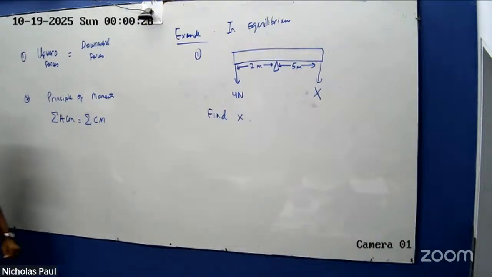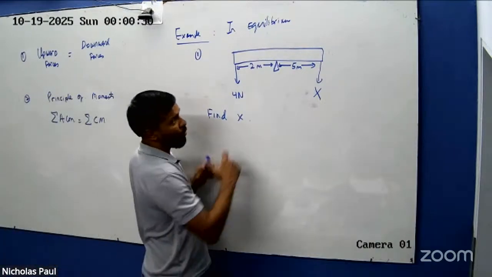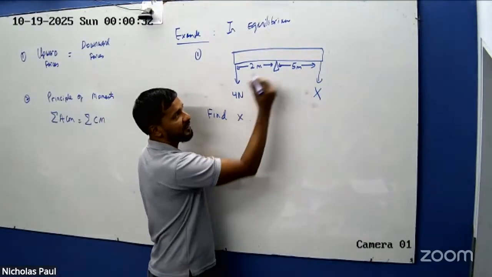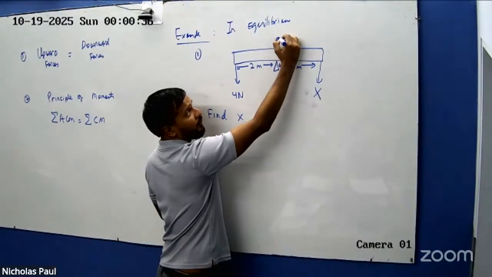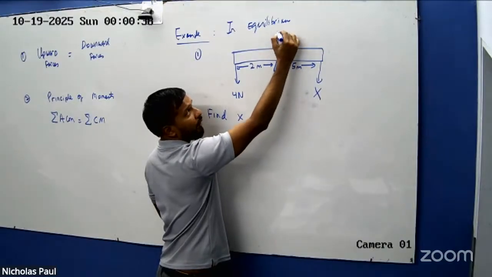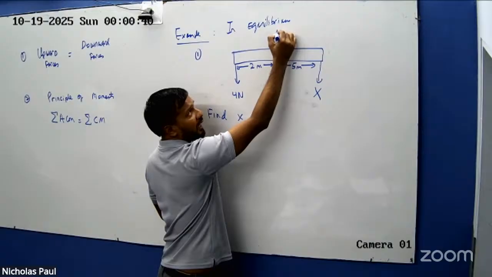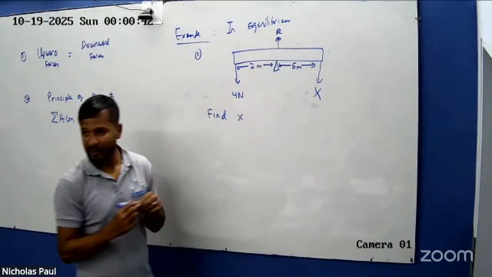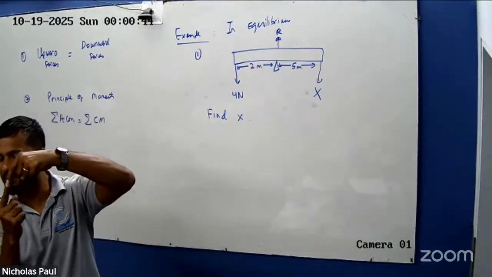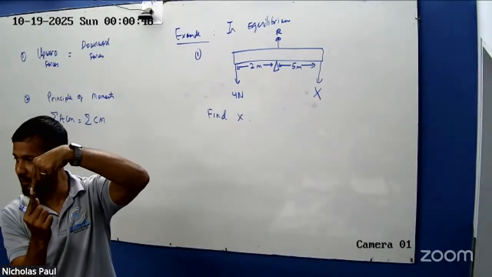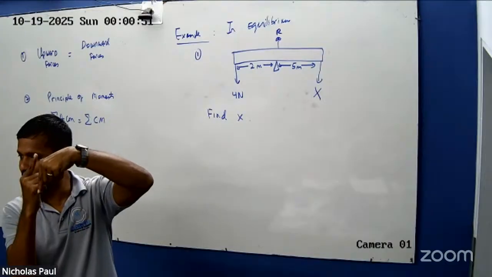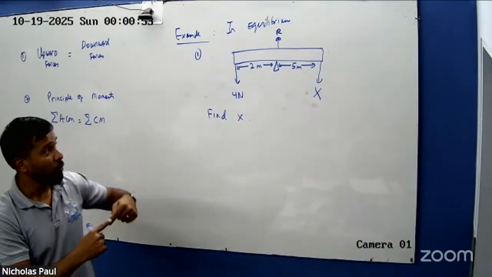One of the things that you would recognize here is that this pivot is applying an upward force here. That's Newton's third law. So I'll just call it R. It's called the reaction force. If you were to put your two fingers together, one applying a force on the one underneath, and the one underneath applying a force on top, those are called contact forces.